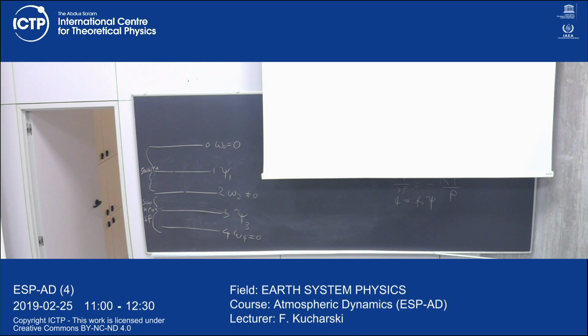Very important property, baroclinic instability. We will show later, if we consider the energetics, and we have seen this probably already in our first lecture, what these waves in reality do is they transport warm air to the north and cold air to the south.